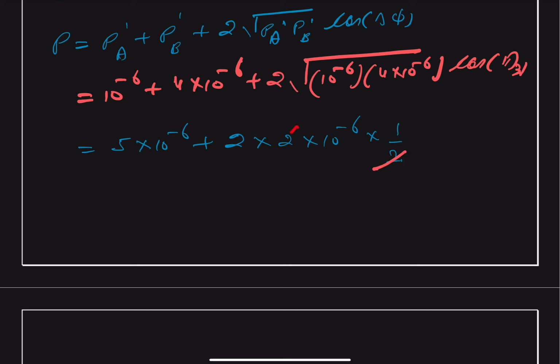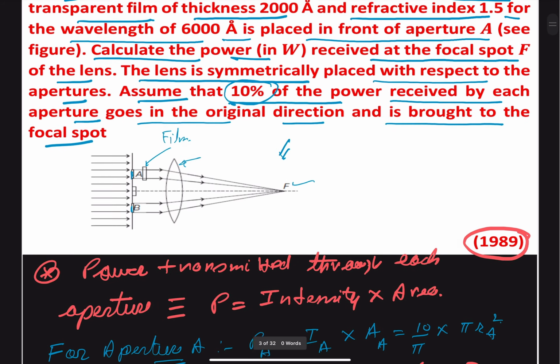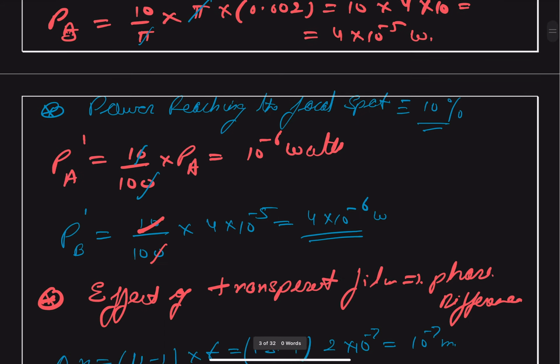So this 2 goes with 2, and we get 5 plus 2, 7. So we can write this will be equal to 7 into 10 to the power minus 6 watts. Yes, so this completes the first question.